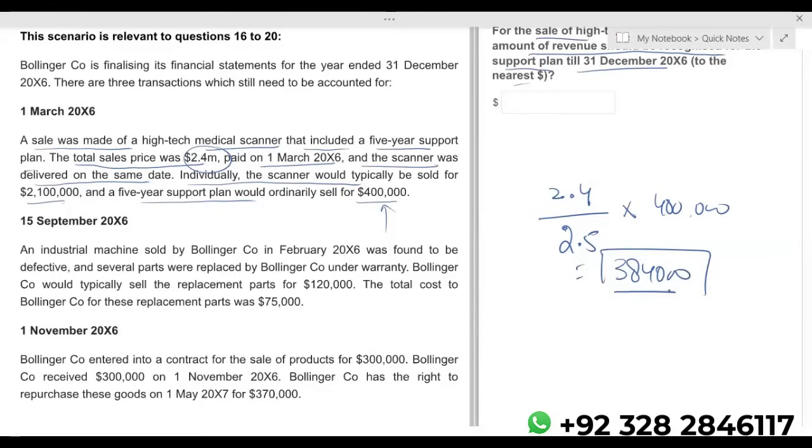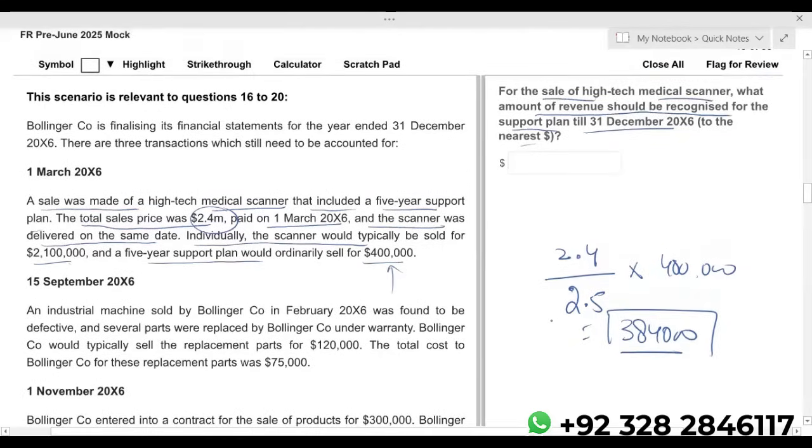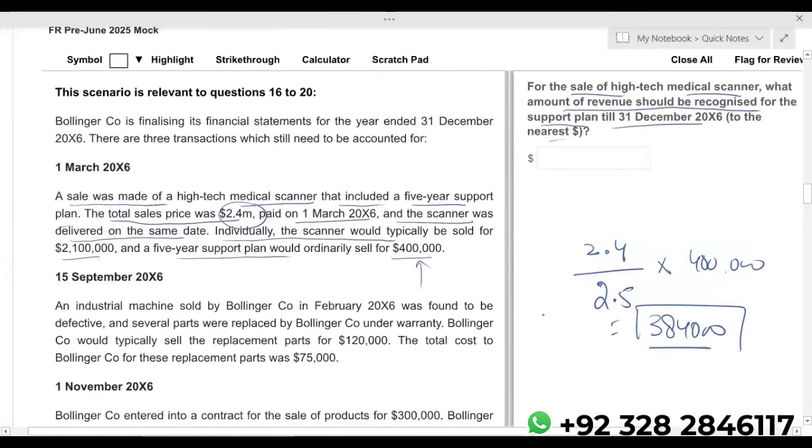I cannot recognize the entire revenue of 384,000 immediately because the company will have to provide the support for 5 years. So logically 384,000 will be recognized over 5 years. How much time has passed? Let's now count that. The total transaction price was paid on 1st March X6. From 1st March X6 till December X6, the time period is 10 months.